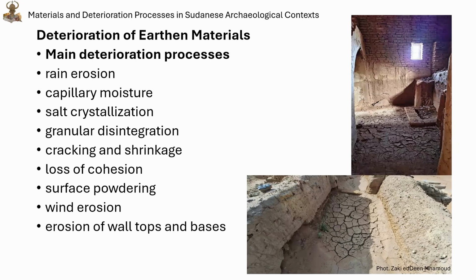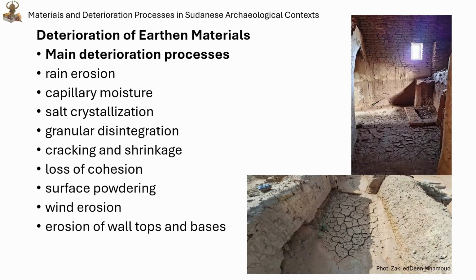This salt crystallization can cause surface powdering, granular disintegration and detachment, and drying shrinkage may lead to cracking, especially when materials have been newly exposed or where repair materials behave differently from original fabric.